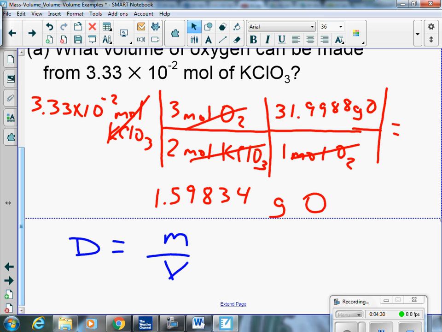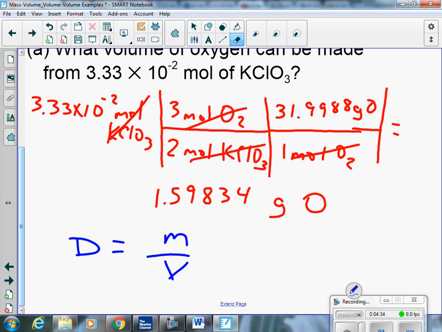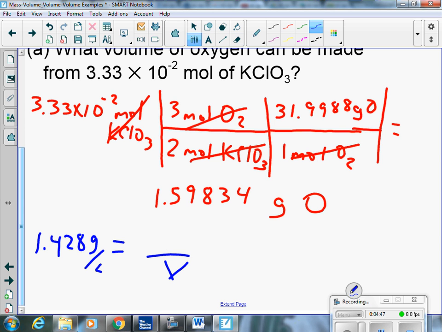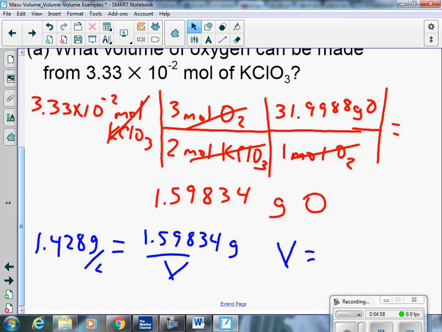So if I substitute 1.428 grams per liter, I just got my mass, didn't I? 1.59834 grams. Can I solve for my volume? I hope so.